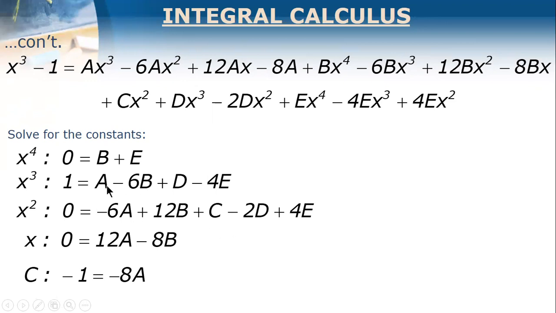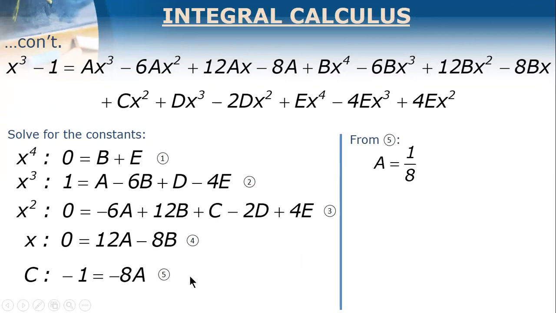So since we have 5 unknowns, A, B, C, D, and E, okay lang because we have 5 equations. Equations 1, 2, 3, 4, and 5. So to solve for the constants A to E, okay, we start with this. From equation 5, our A is equal to 1 over 8. Diba? Okay.